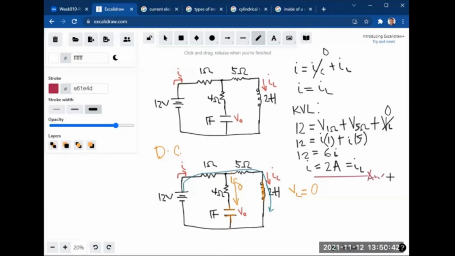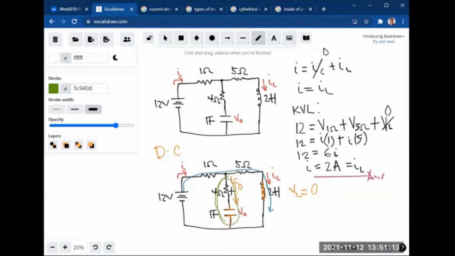The next question is the voltage across the capacitor, VC. Please listen to this. Since this whole branch is an open circuit, the current here is 0.